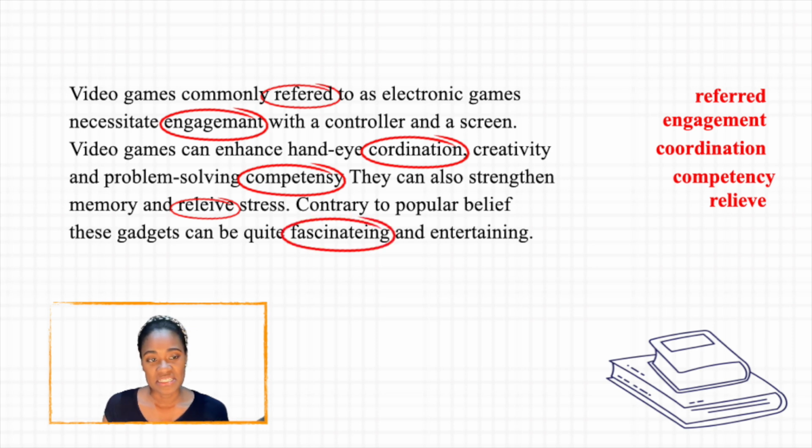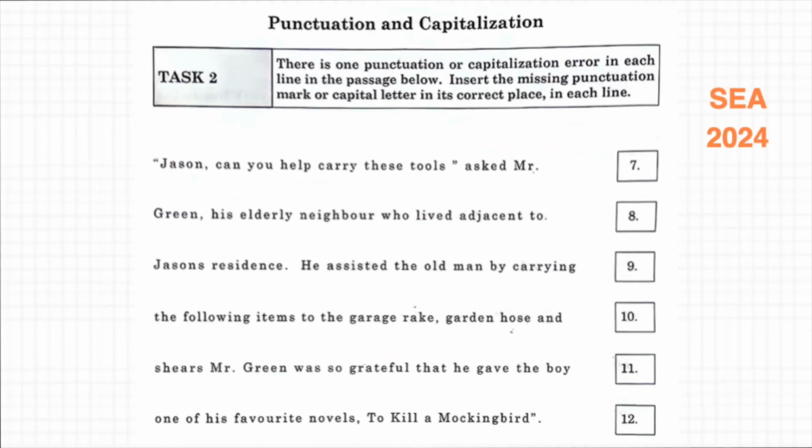And finally, in this section, the word fascinating is incorrectly spelled. Fascinating should be spelled like this: F-A-S-C-I-N-A-T-I-N-G, fascinating. Hopefully you were able to figure out all 6 of these. Let's move to task 2.